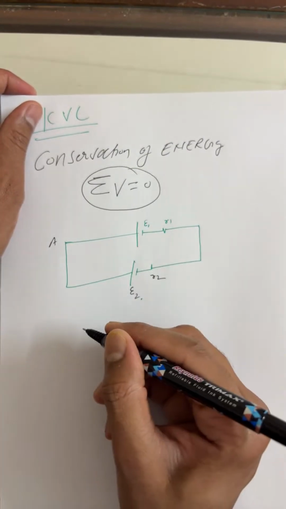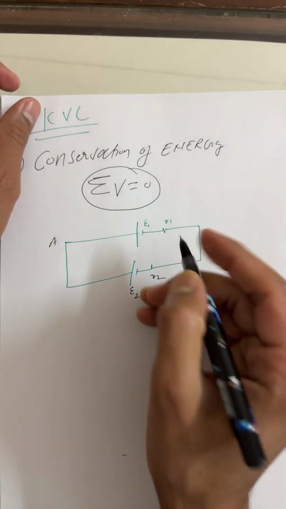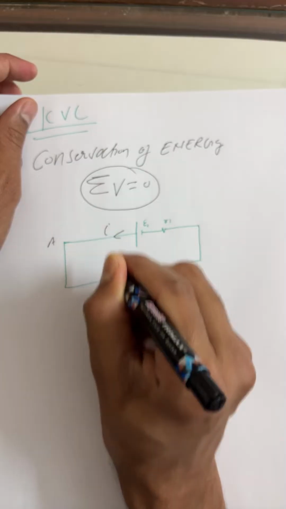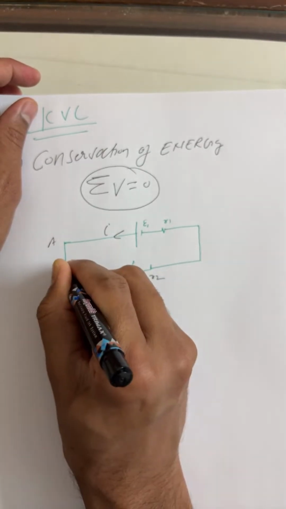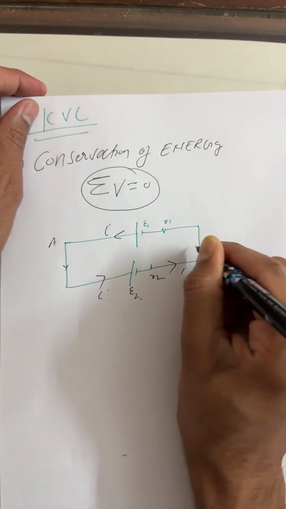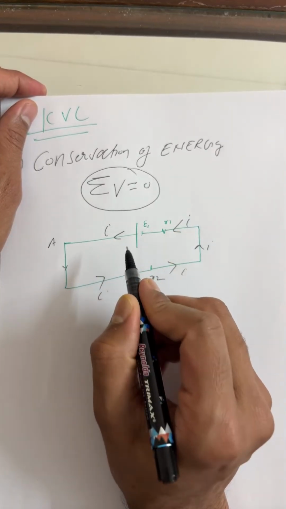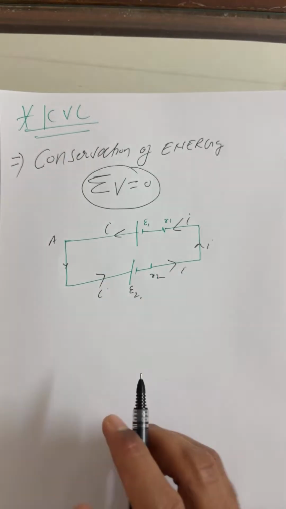This is point A which I can take. Let us suppose I'm considering current moving like this. This is current I, I, I, I, I.